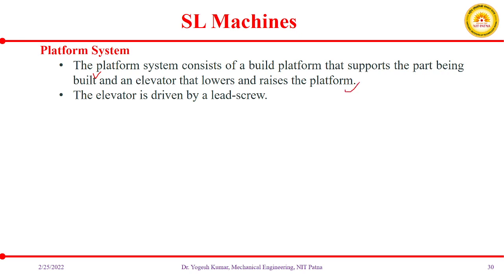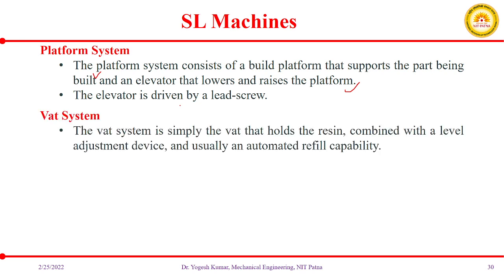Normally, when we are solidifying the resin layer by layer, we need to lower the platform every time as soon as the corresponding layer has been solidified. This elevator is driven by a lead screw.